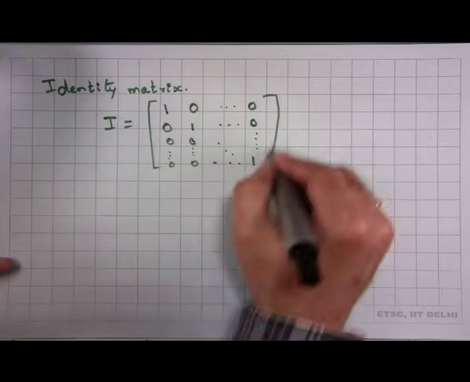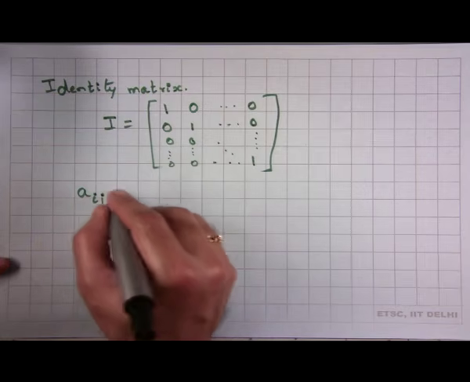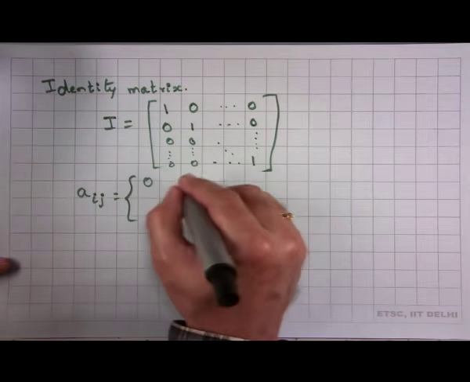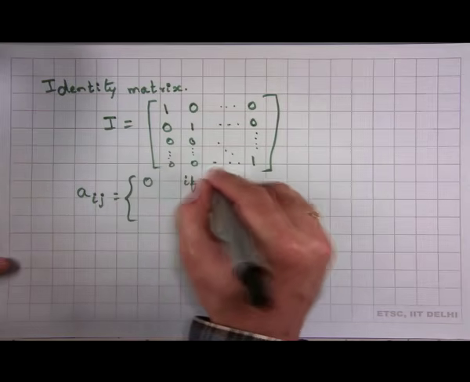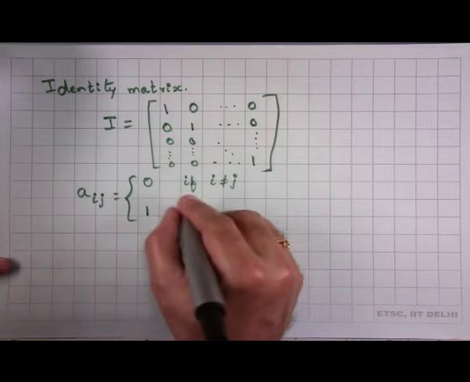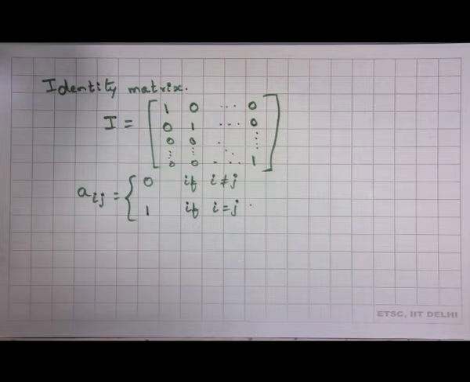So, that means the ijth entry is going to be 0 if i is not equal to j, and is going to be 1 if i equals j. This matrix is what is known as the identity matrix.